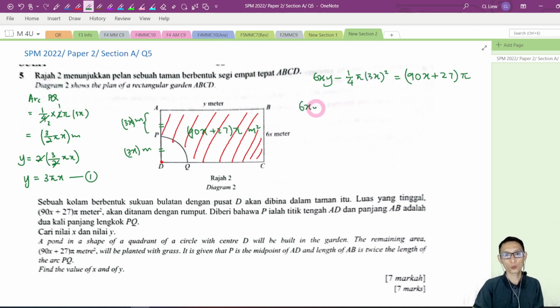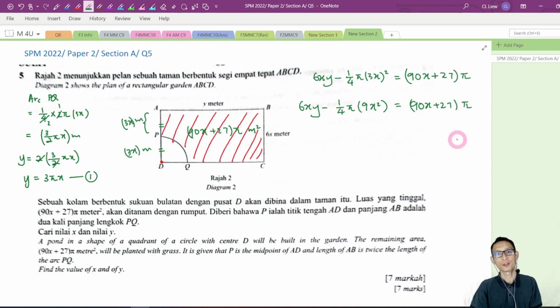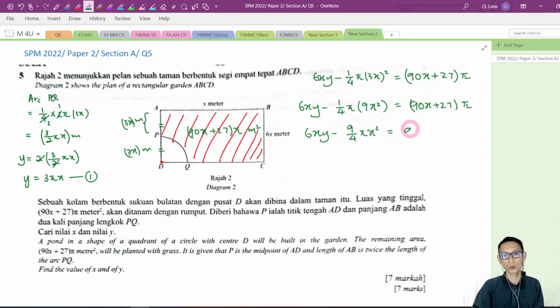So 6xy minus 1 over 4 pi. 3 squared you will get 9, x squared you will get x squared. So I multiply them together, I will get 6xy minus 9 over 4 pi x squared is equal to 90x plus 27 pi. Let this one be the second equation.